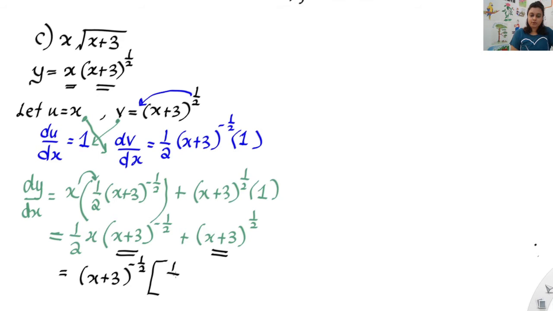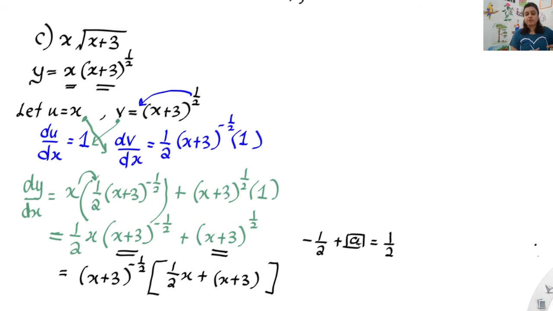Then you put 1 over 2 x plus, and over here, what should you write? Because this is negative 1 over 2, negative 1 over 2 plus what number gives you 1 over 2? You should think that way. If you factorize out negative 1 over 2, plus what number, let's say a. Negative 1 over 2 plus what gives you this one? So 1 over 2 plus 1 over 2, so your power here will be 1. Usually the 1 we don't write.